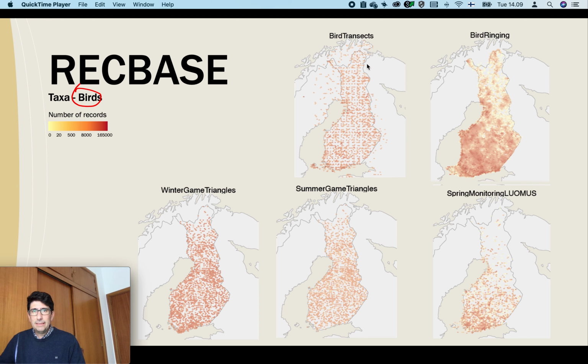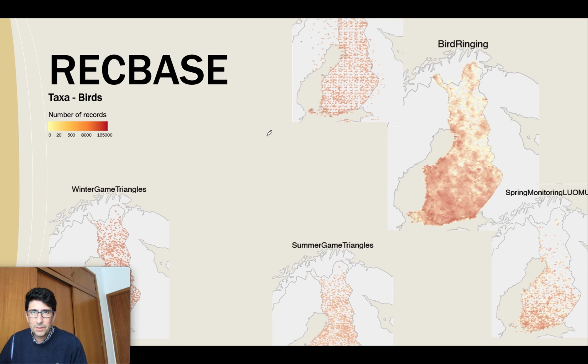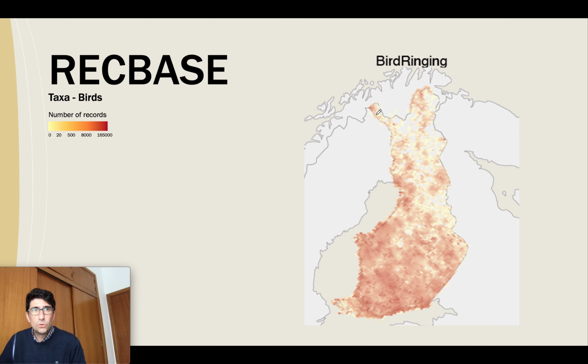What do we see here in birds? We see the transects, bird ringing, game triangles, summer, winter, and spring monitoring. This is what I told you before about bird ringing, that there are almost 200,000 unique locations, so it's pretty much everywhere. Sorry, I didn't tell you that these are not dots, these are hexagons, and each hexagon here is 10 square kilometers.